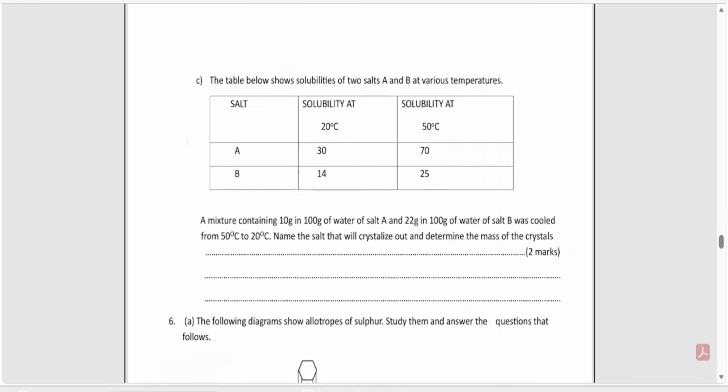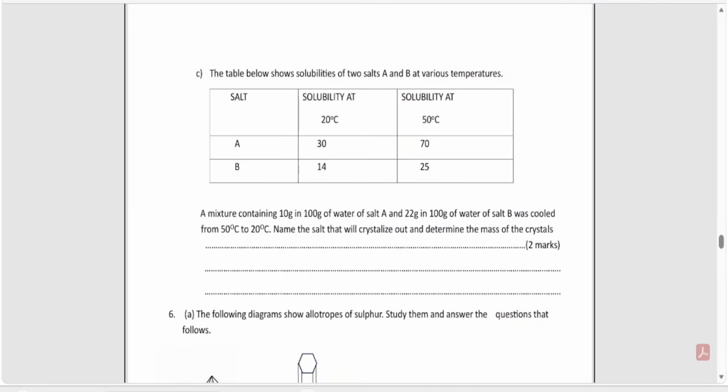Let's now move to part C of the question. We are told that the table below shows solubilities of two salts A and B at various temperatures. We have solubility at 20 and solubility at 50 degrees Celsius, meaning it's cooling from 50 to 20.